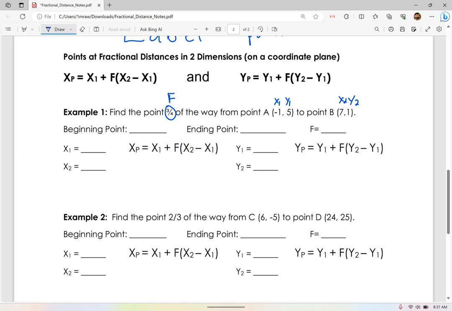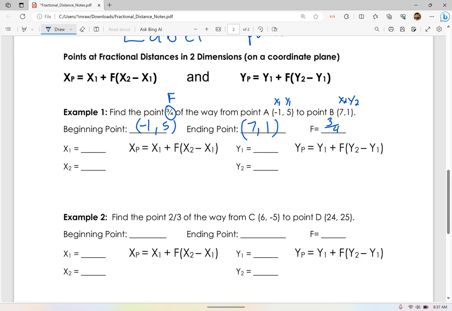So my beginning point is going to be -1 comma 5, right? My ending point is going to be 7 comma 1. Okay. All right. And my fraction is 3/4.